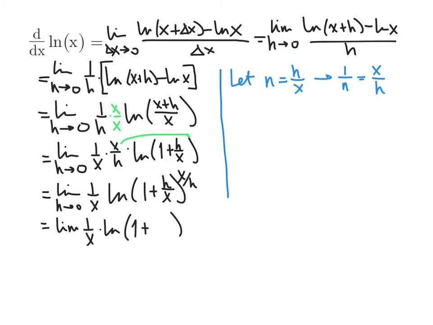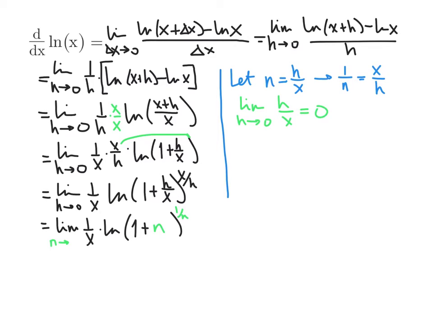So I'm going to change that h over x into an n and the x over h into 1 over n. Now that does mean we have to change our limit as well because we don't have any h's anymore. We have n's. So think about the limit as h approaches 0 of h over x.